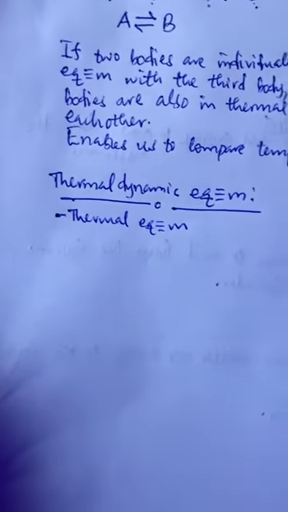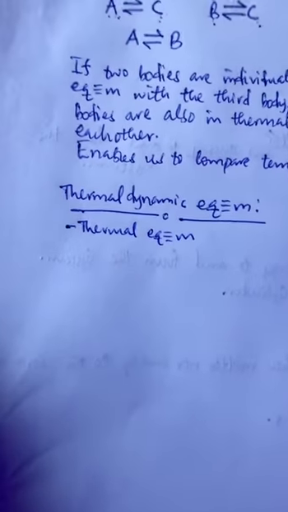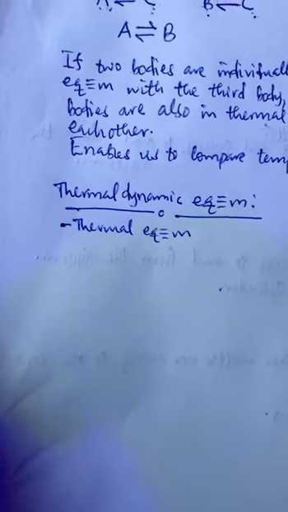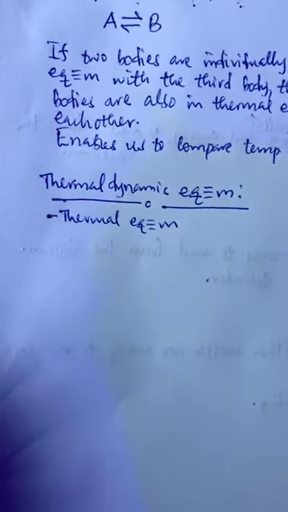In my previous video I talked about thermal equilibrium. We said thermal equilibrium is when the rate of heat transfer to and from the system is the same. Then the system is said to be in thermal equilibrium.